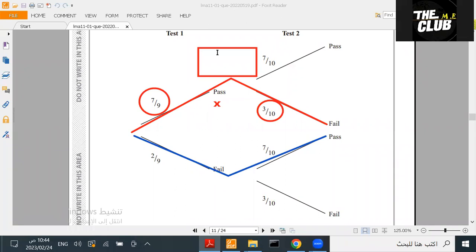Same idea, because when you do it with a calculator, it will be simplified. Let's do it as 21 over 90. We can do 7 over 30, no problem. Same idea. So this is the first one.